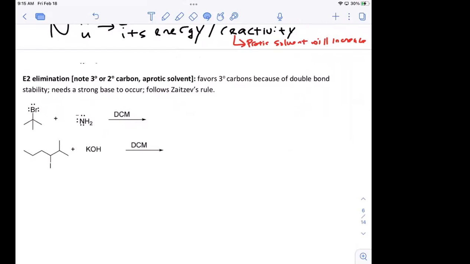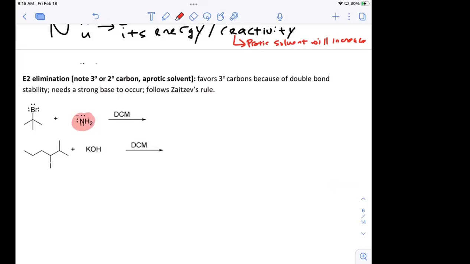one of the things that has to be present, and this is common for eliminations, is that you have to have a base. So here you can see the NH2 anion is going to act as your base. Normally, when you see that, it'll be in connection with a cation like sodium or potassium.